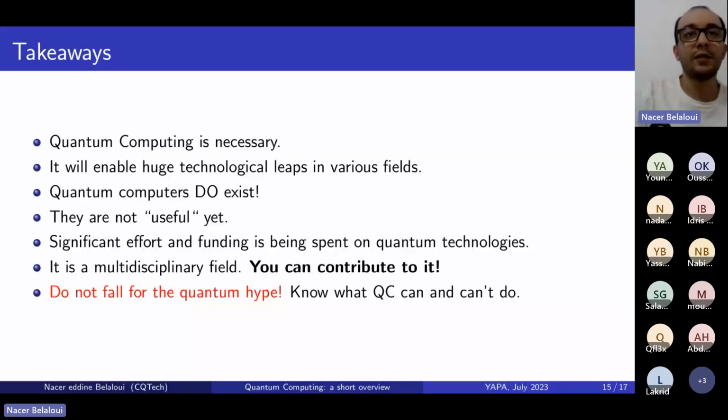The third point is a bit, let's say, non-technical. Quantum computers do exist, and you can meet some people, and I'm not talking about the average layperson, but even some scientists today think that quantum computers are still just a theoretical field. I mean, we've seen here there is a result from a real quantum computer.